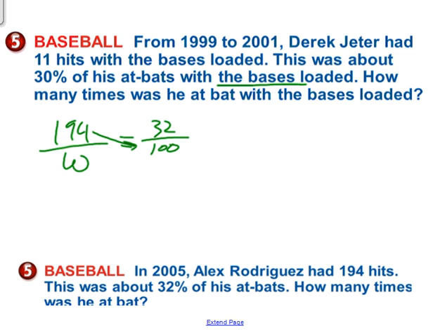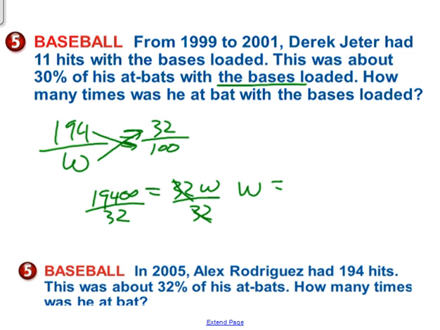Cross multiplying, 194 times 100 would be 19,400, which is equal to 32W. Divide both sides by 32. That would give me W is equal to 19,400 divided by 32. He was at bat about 606 times in that year.